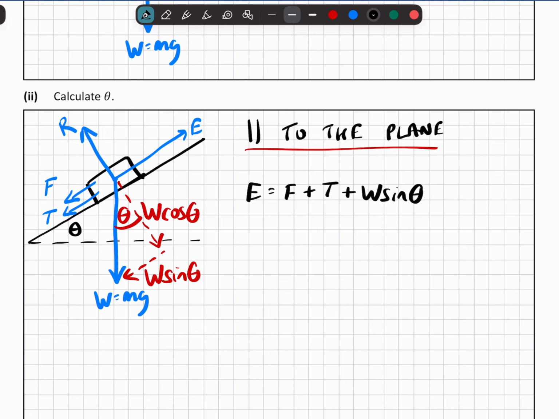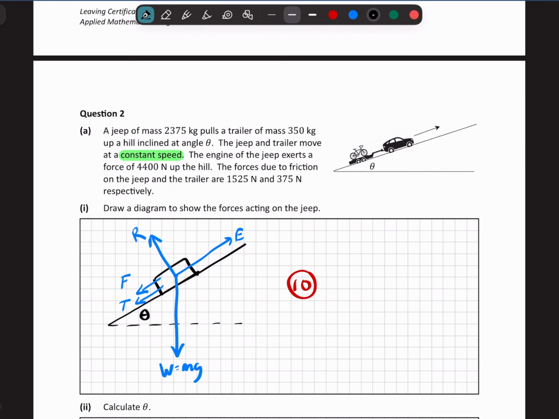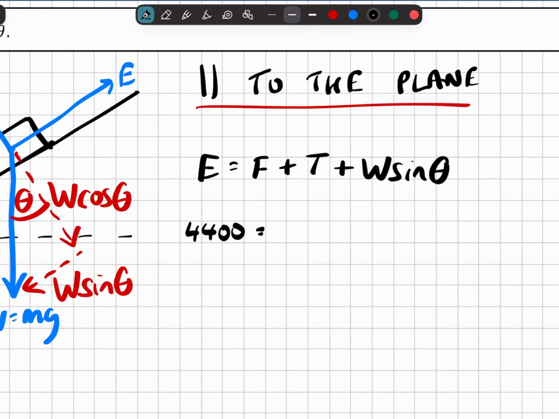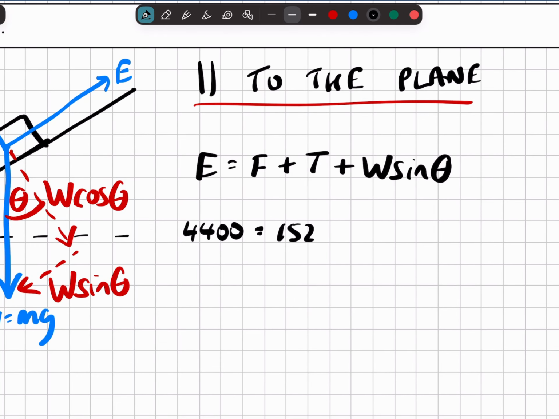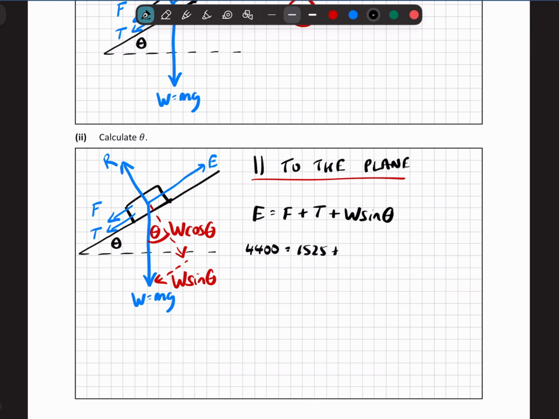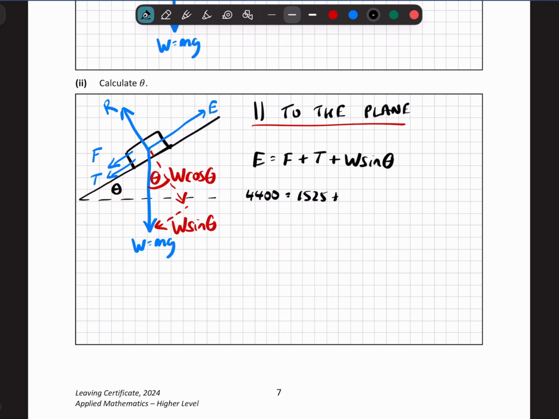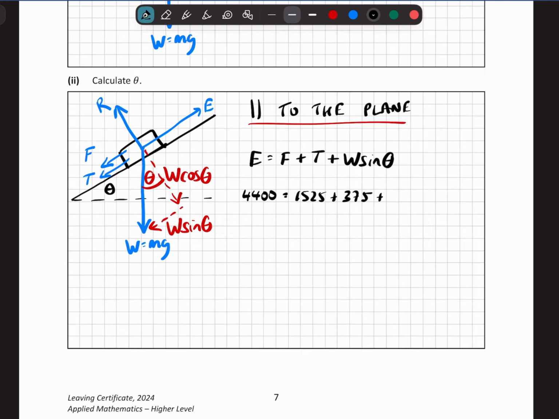Now, my E is 4,400. My F is 1525, the force of friction. The force of friction of my trailer was 375. My weight is mg sine theta.